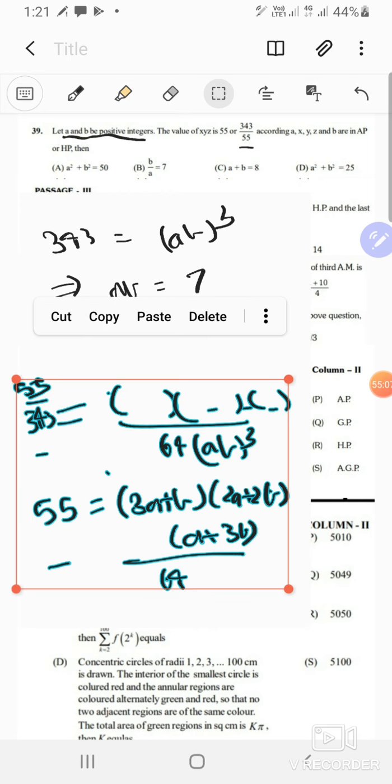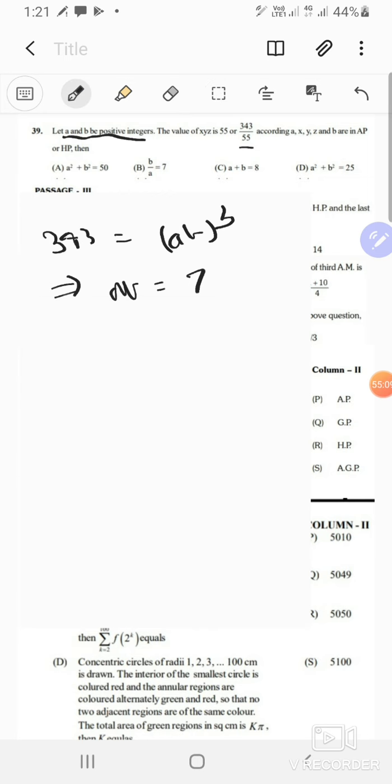So because a and b are positive integers and ab equals 7, a and b must be among the factors of 7. So either a equals 1 and b equals 7, or the other way, b equals 1 and a equals 7.